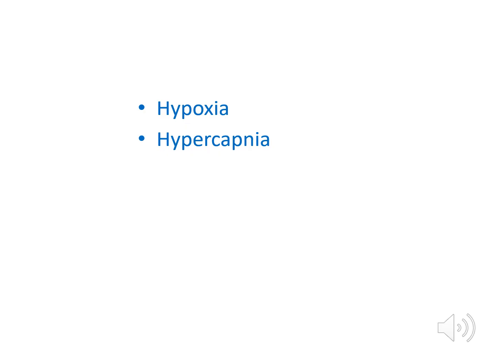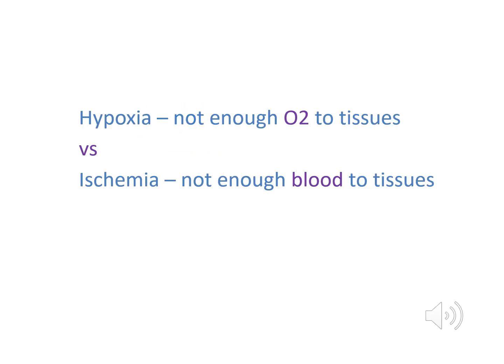Now, if anything goes wrong with any of the steps that we covered so far, what were the two problems we said were going to happen? Okay, if something goes wrong with gas exchange, you're going to have hypoxia and hypercapnia. Let's talk about hypoxia first. Okay, I want to point out to you that hypoxia and ischemia are not the same thing, right?